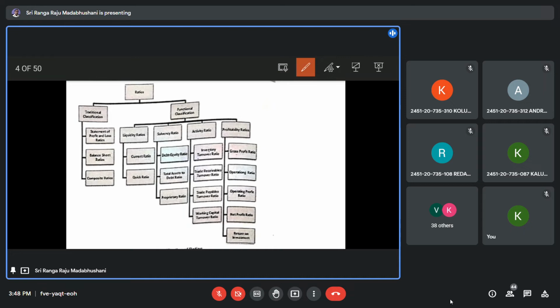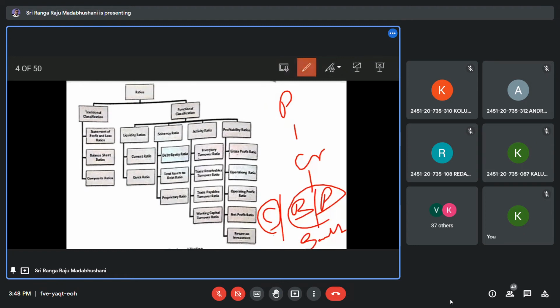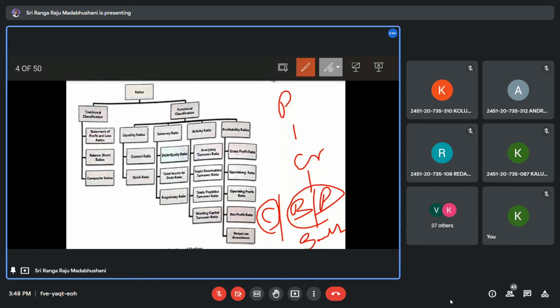Similarly, payables. We purchased goods and we owe the supplier. He becomes a creditor and we pay cash or bills payable. If it is cash, it is settled immediately. If it is bills payable, on the due date he will deposit it into the bank and it will be settled from the bank. So this is one cycle.